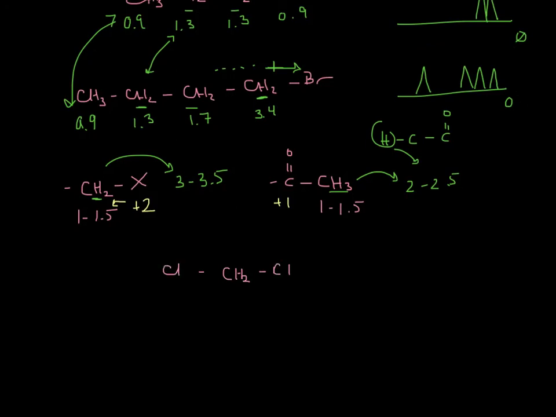We said that a CH2 shows up between 1 and 1.5, and that a halogen has an effect of +2, but both of those halogens would have an effect of +2. And indeed, what we see in this molecule is that these hydrogens would show up not at 1 to 1.5, and not 2 higher than that, but actually 4 higher than that, because you've got this effect on both sides of pulling it to the left or pulling it up by 4 ppm.